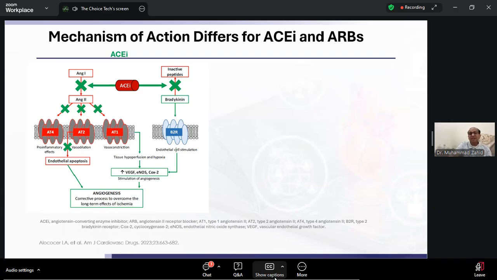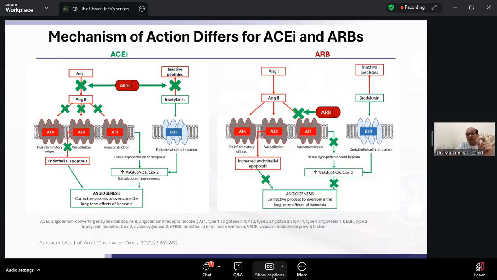While comparing the action of ACE inhibitors to the angiotensin receptor blockers, ARBs only block the AT1 receptor activation. They have no effect on bradykinin, and no effect on AT2 and AT4 receptors. Hence, there is no effect on endothelial apoptosis, and there is no increase in bradykinin as well.